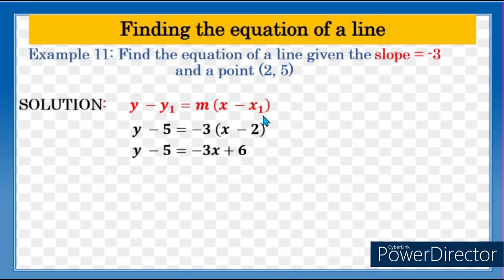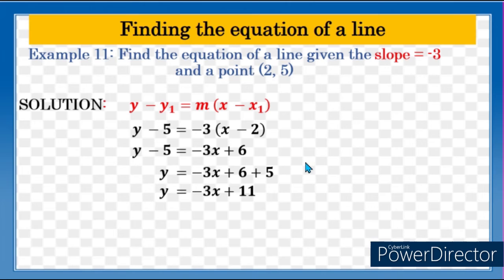Okay, so next is, lipat po natin si negative 5 dito sa right side. So we have y is equal to negative 3x plus 6 plus 5. So combine natin, 6 plus 5 is equal to 11. So we have here y is equal to negative 3x plus 11. So, transpose po natin sa left side si negative 3x.